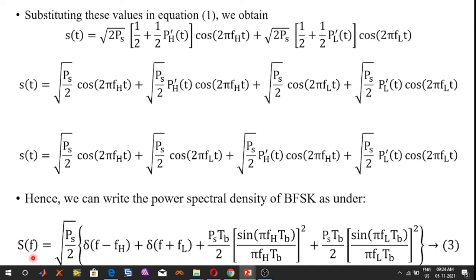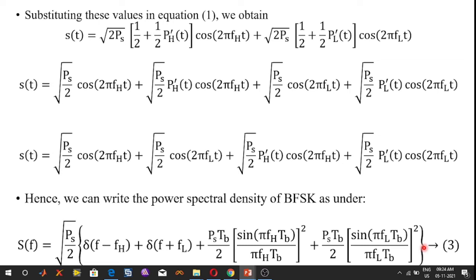So that is S of f is equal to square root of Ps by 2 into delta of f minus fh plus delta of f plus fl plus Ps Tb by 2 into (sin of pi fh Tb by pi fh Tb) whole square plus Ps Tb by 2 (sin of pi fl Tb by pi fl Tb) whole square.